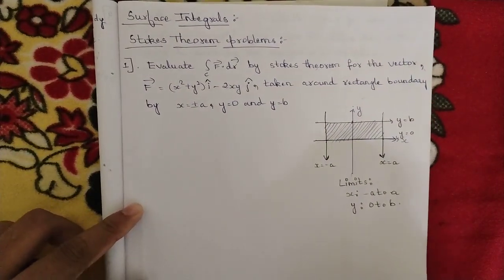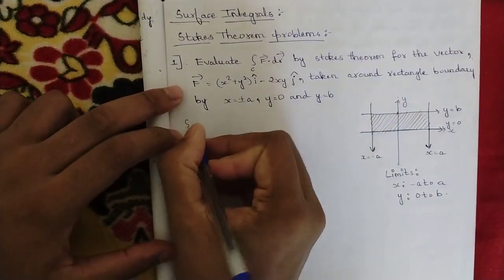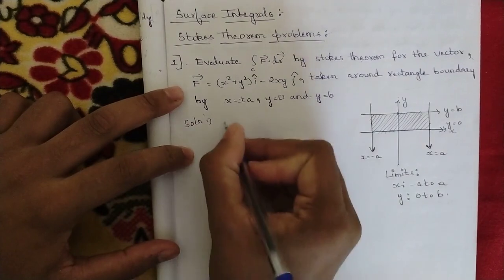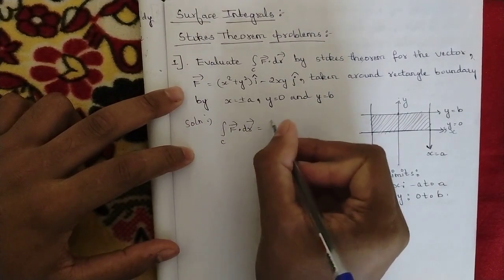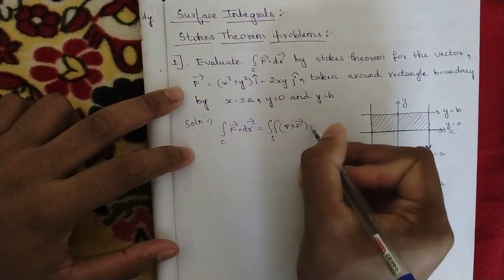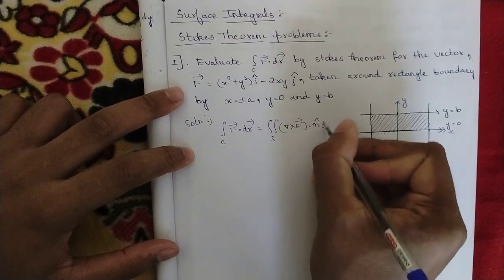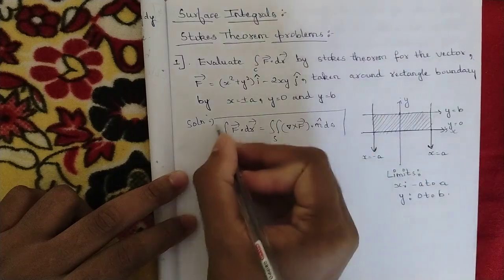Now let us solve using Stokes theorem. First, write the Stokes theorem formula. The formula says that the line integral of F dot dr is equal to the surface integral of curl of F vector dot n cap, that is the unit vector, into the differential area. Okay, so this is the Stokes theorem formula.